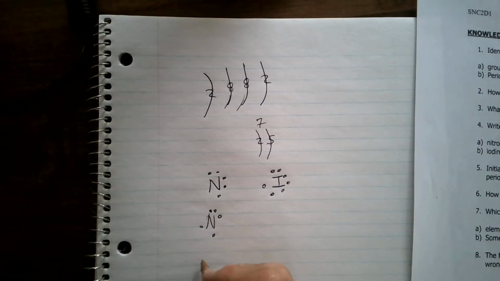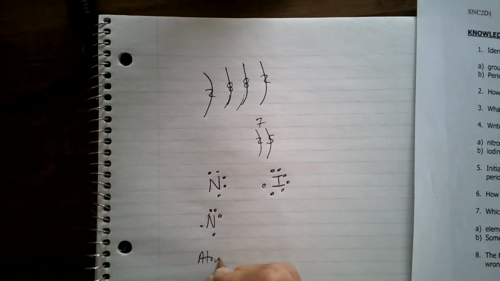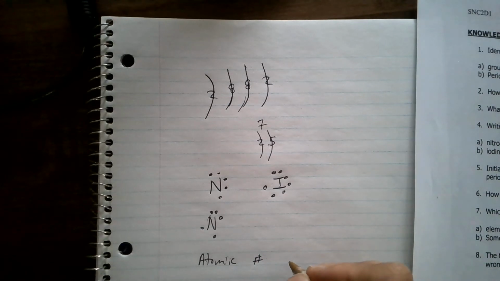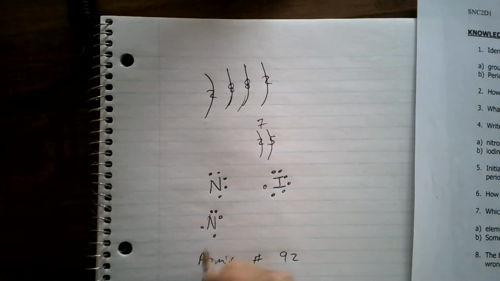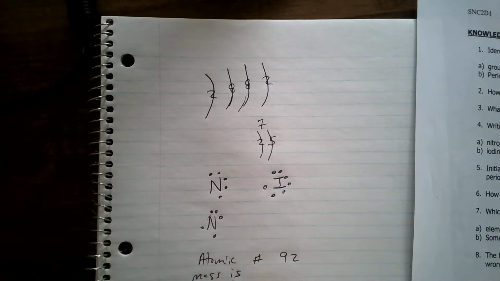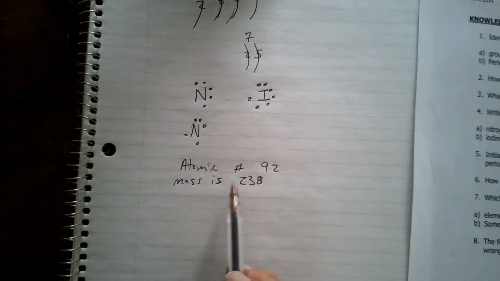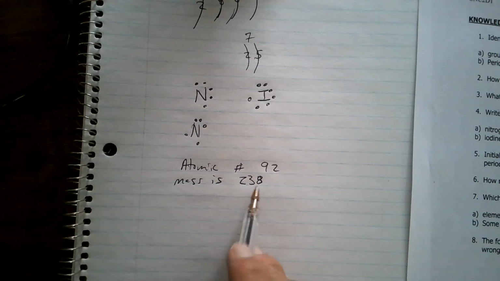So uranium's atomic number, let me just write this down, is 92, okay. And then its mass is 238. We always round up or down with that one, okay? So, atomic number is 92, mass is 238.